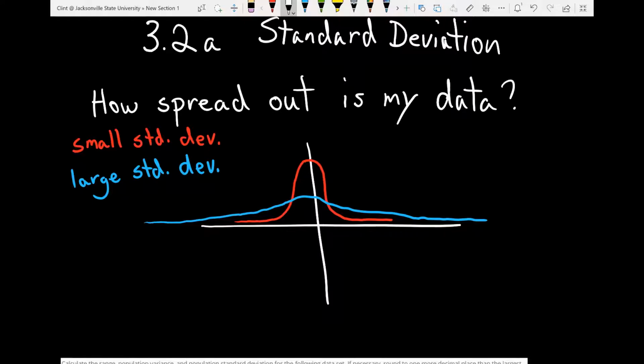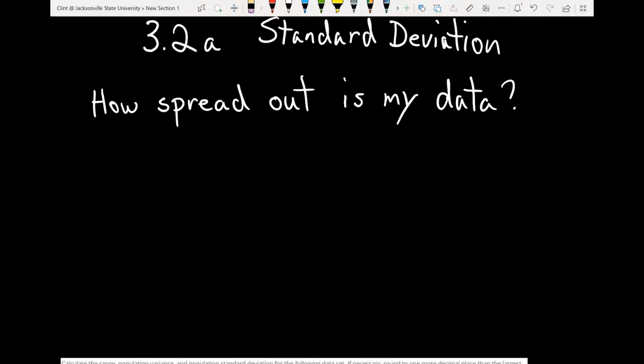And then there's one other thing we need to talk about here. We're mostly going to deal with standard deviation, but you could deal with something similar called variance. You'll see that sometimes one is a little bit better than the other to talk about, but the two are related.